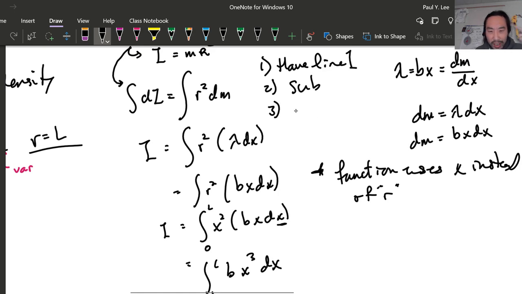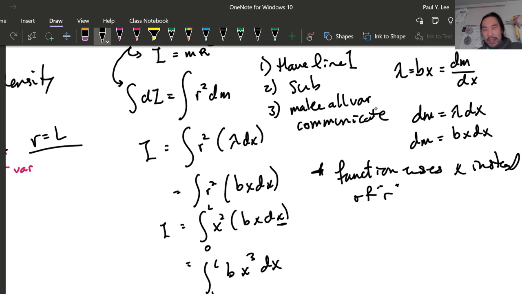And I'm going to say step 3, make all variables communicate with each other. So that means that we replace the r with the x. And step 4, pull out constants, right? Pull out your constants, and then you can actually integrate at the end.